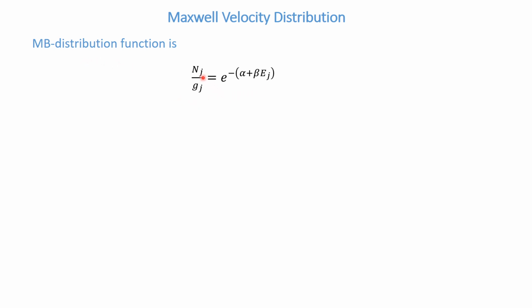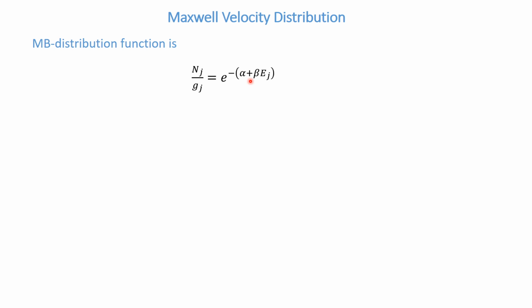If you remember, this Nj represents the number of particles in the jth energy level of the system, and Gj is known as the degeneracy of the energy level, and this represents the number of energy states in that particular energy level. Alpha and beta, you remember, these were the undetermined multipliers we used in the distribution functions for Bose-Einstein, Fermi-Dirac and Maxwell-Boltzmann.